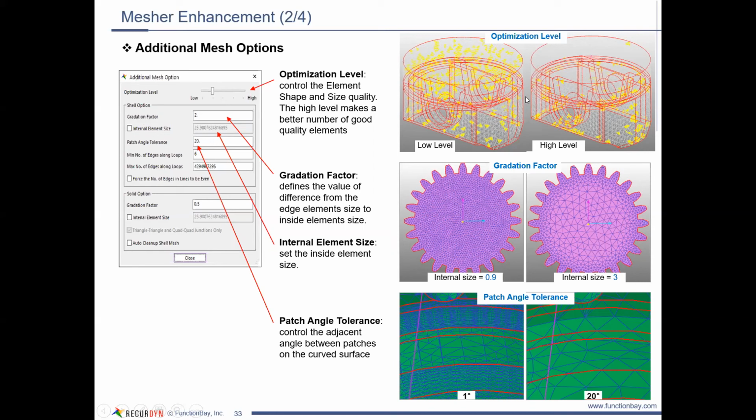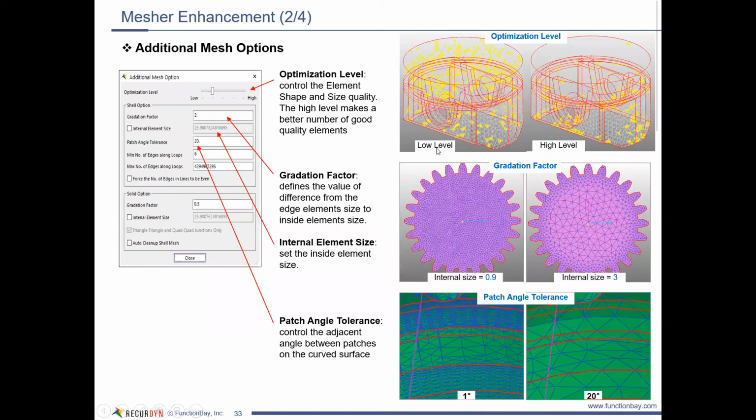And to see the effect of it, if we look here to the right, if we have the optimization set to a lower level, these yellow faces that are highlighted, this is when you do the quality check on the mesh. And it will highlight the elements, the faces that are not meeting the quality standard.